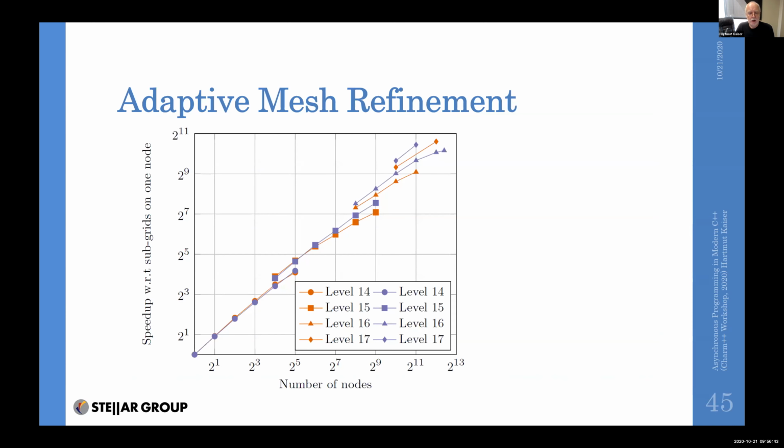Some scaling results from that application. These results are collected on Piz Daint, which is the largest computer in Europe. It's a GPU machine located in Lugano at the Swiss Supercomputing Center. This graph is a bit difficult to read, so let's focus on the blue lines only.